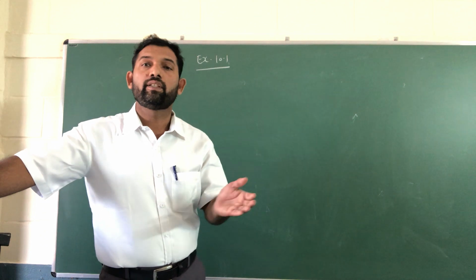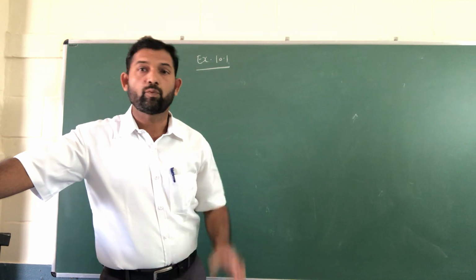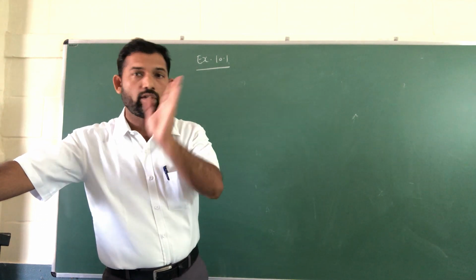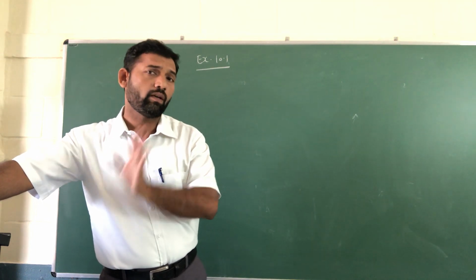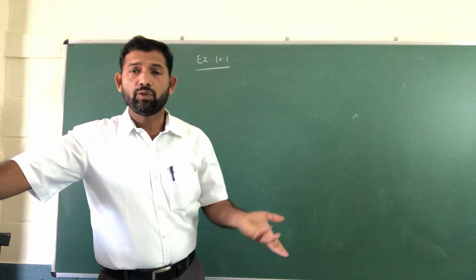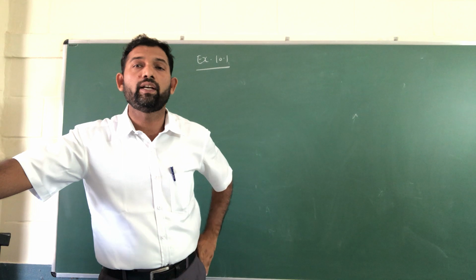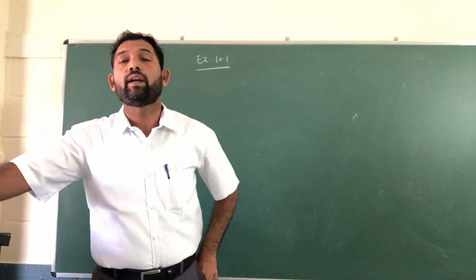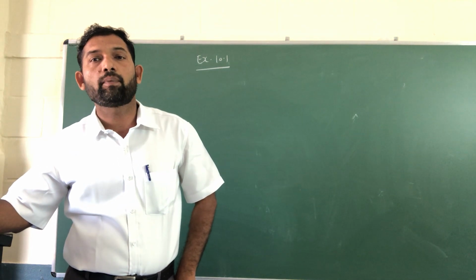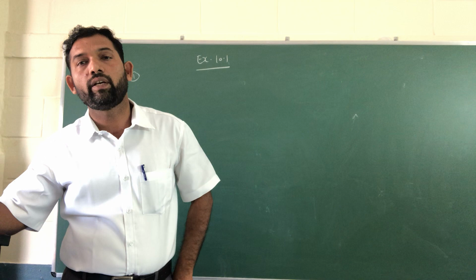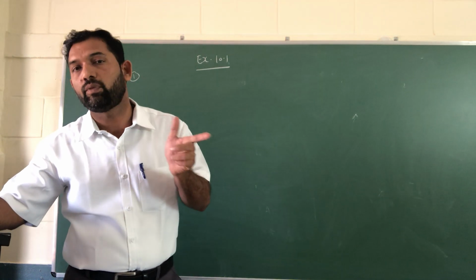Using the slope, we completed the parallel condition, m1 equals m2, and the perpendicular condition, m1 into m2 equals minus 1. After that, the angle between two lines: tan theta is equal to the modulus of (m1 minus m2) divided by (1 plus m1 m2), where 1 plus m1 m2 is not equal to 0.